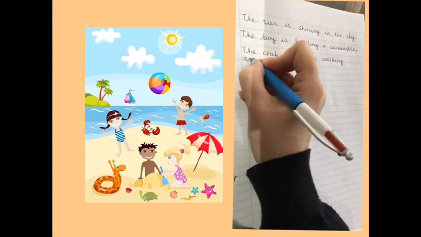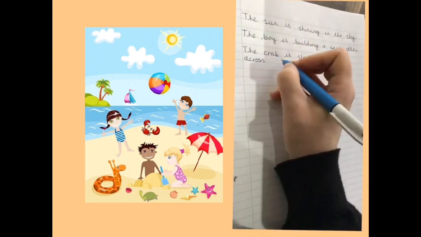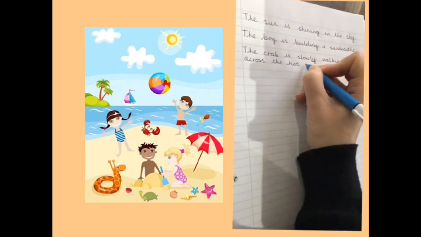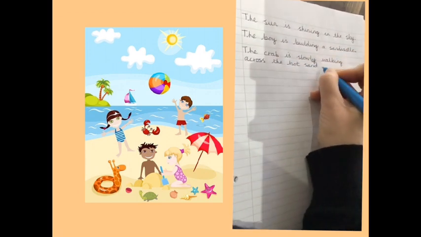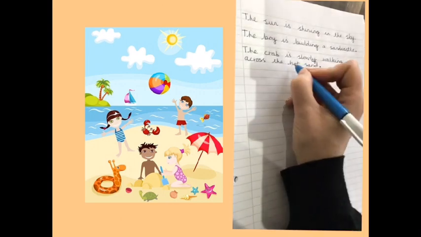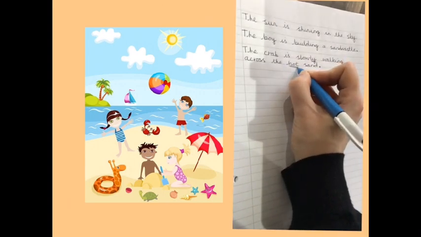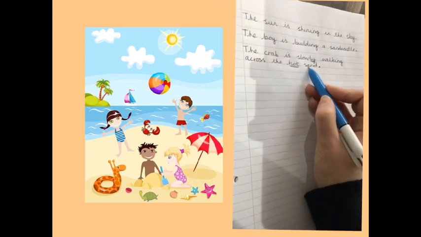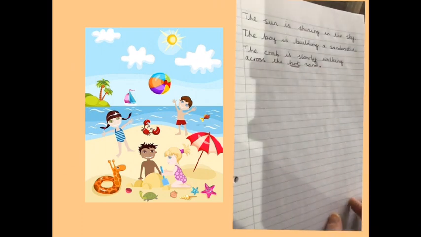Walking across the hot sand. And yep, there's my full stop. And then what's hot an example of? That's right, it's an adjective. It's describing the noun sand, isn't it? So we can bring in all that learning that we've done before.